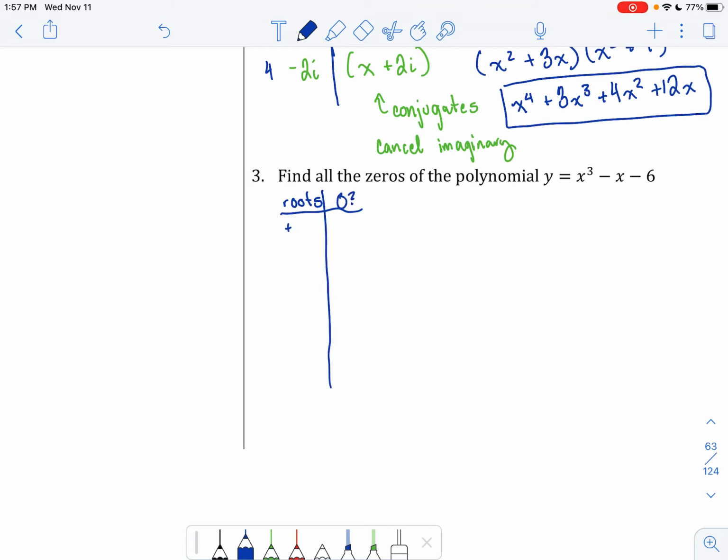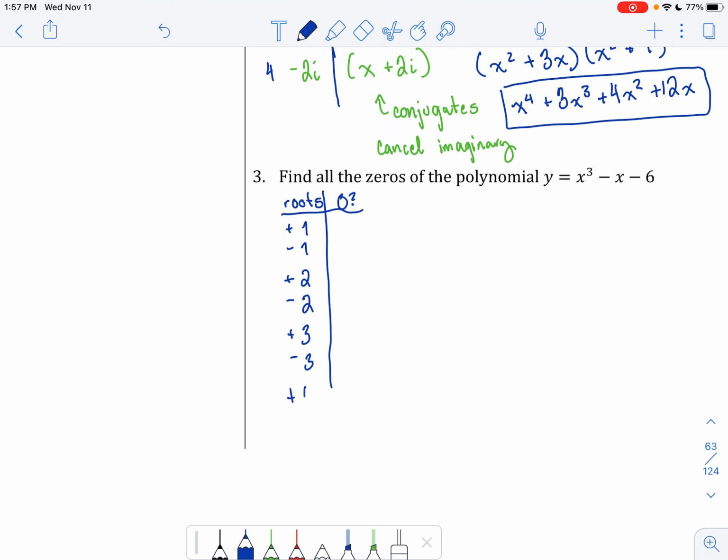So our rational roots will be plus or minus 1, 2, 3, and 6, because what we're looking at here are the factors of the constant term divided by the factors of the first term. And what we can do is start down my list and start plugging numbers in using my calculator.